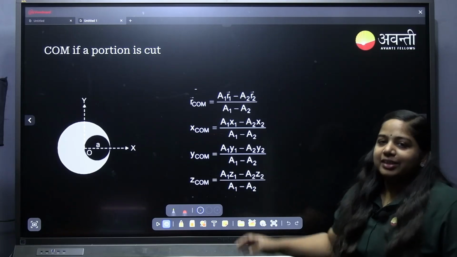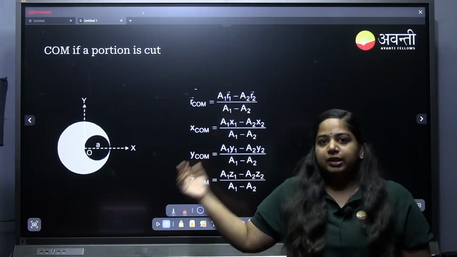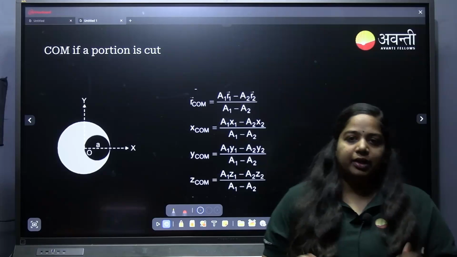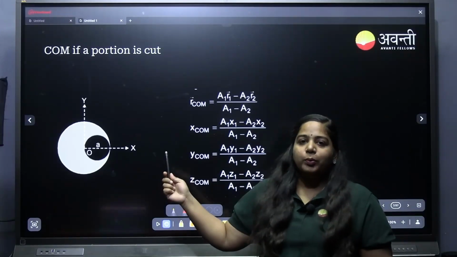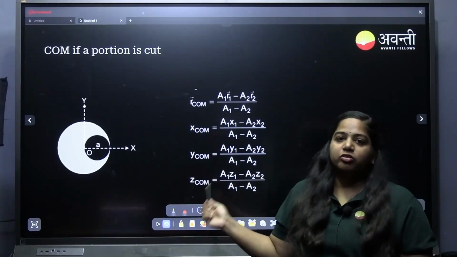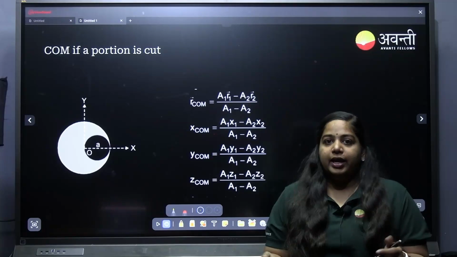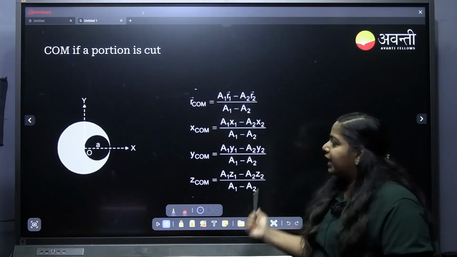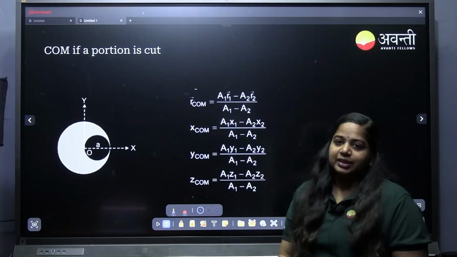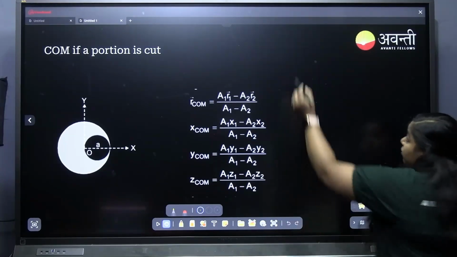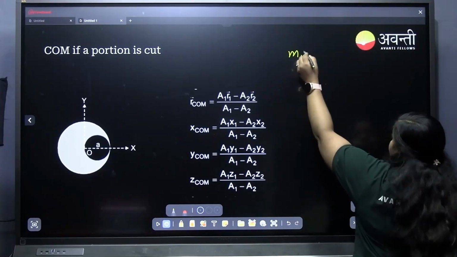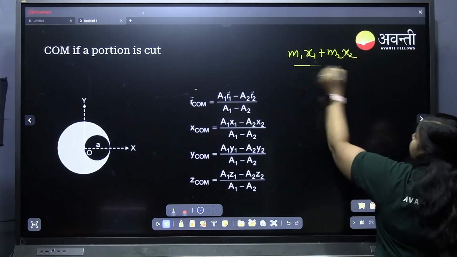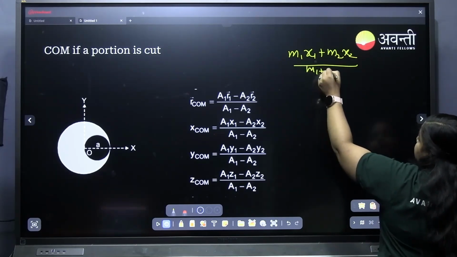Now for individual shapes and bodies, whatever you saw, those values only we have to use. But the common question that will be asked is the center of mass of a body if some part is cut. In that case, you can use the area formula. This is the easiest one. We know our equation is (m1 x1 + m2 x2) by (m1 + m2).